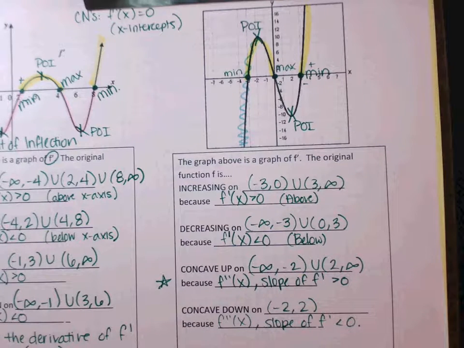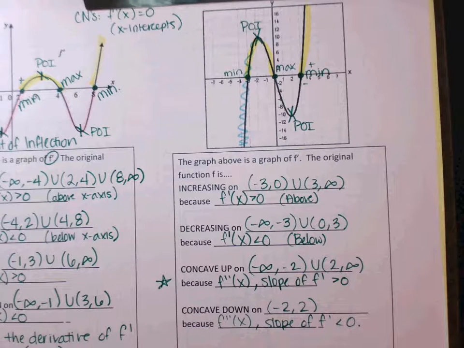Okay, where will it be decreasing? And y'all can talk to each other and check it. Now remember, we don't want this to be decreasing. We want f to be decreasing, but we don't have a picture of it. Does that make sense? So you're answering questions about a graph you haven't seen.